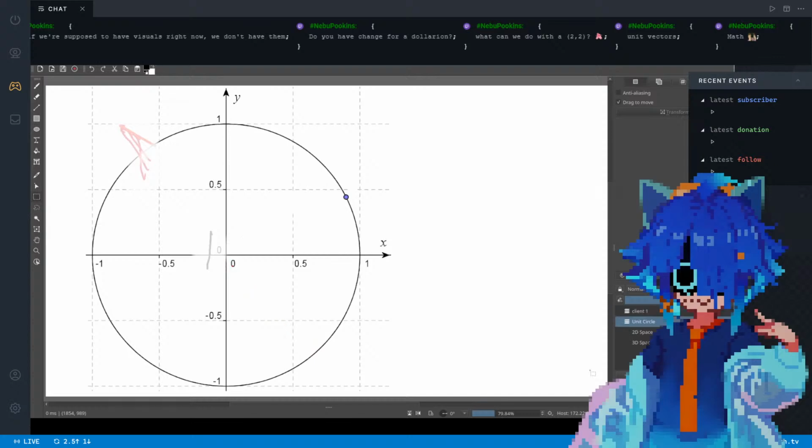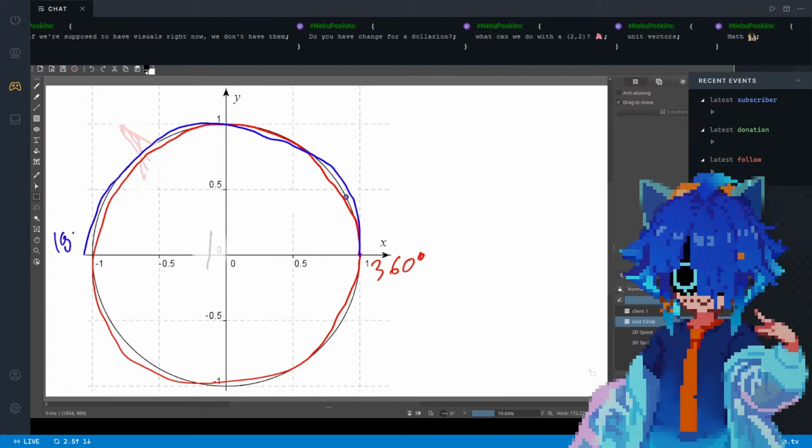And talk about radians briefly. So we mentioned that when you go all the way around the circle, that's 360 degrees. And that when we go halfway around the circle, that's 180 degrees.